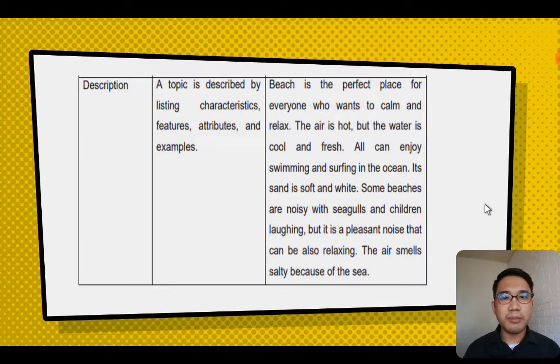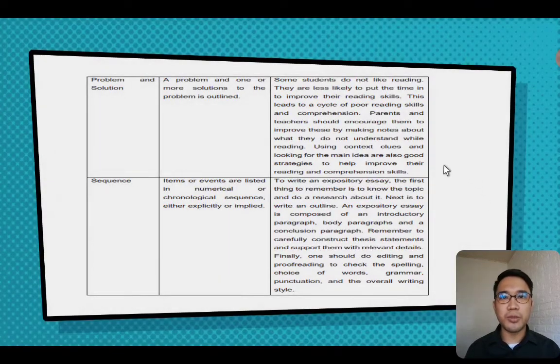It's a perfect place for everyone who wants to come and relax. So this is description. Another type of expository text is problem and solution. There's a problem mentioned, students do not like reading, and later on in the paragraph, parents and teachers should encourage them, as well as use context clues. Those are the solutions mentioned in this expository text.